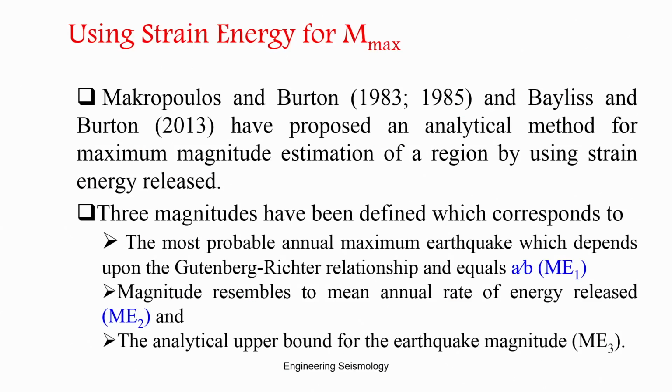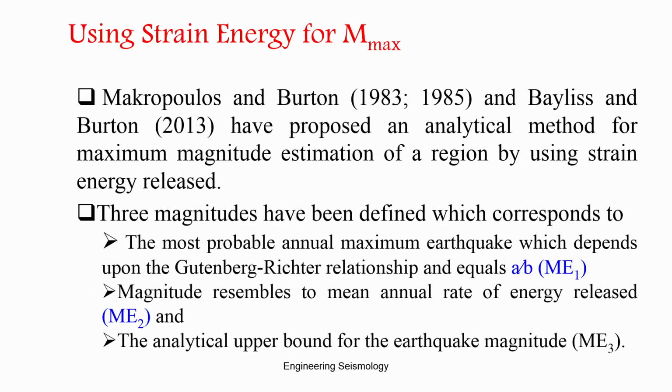Then another approach is the strain energy approach. Makropoulos and Burton proposed an analytical method for maximum magnitude estimation of a region by using the strain energy released in the region. Three magnitudes have been defined.